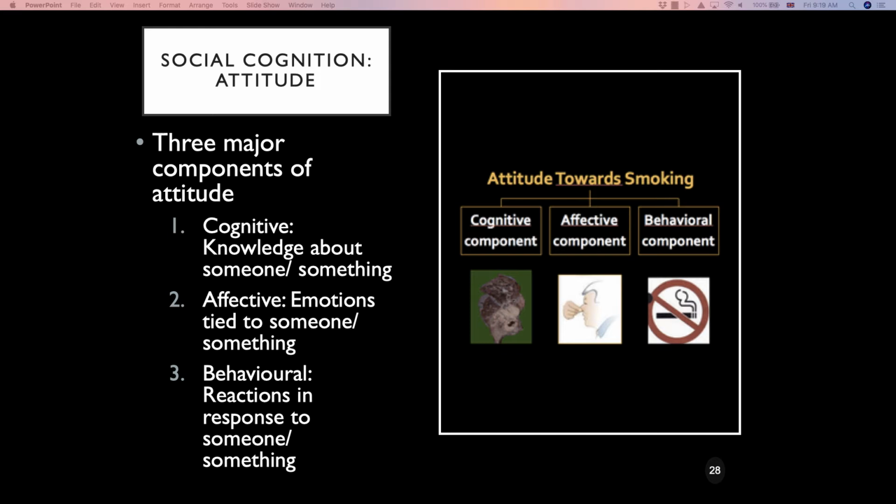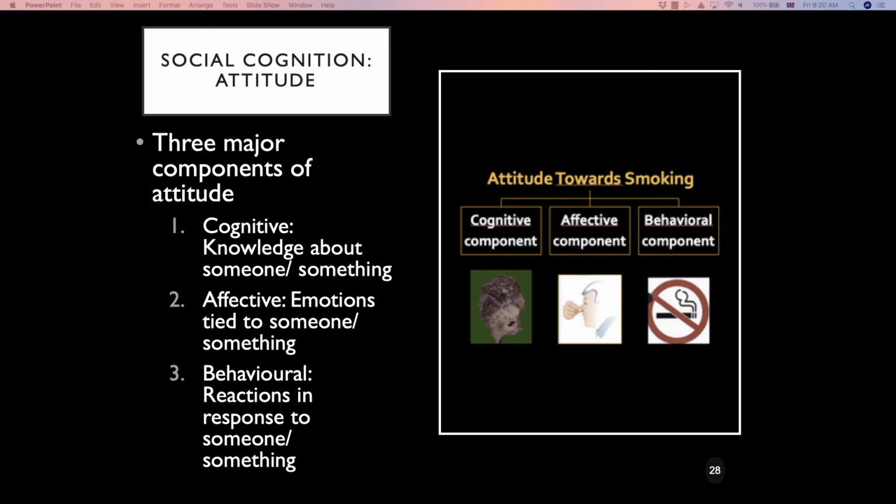And these 3 will link to our behaviour. So what's your attitude towards smoking? You might form the attitude through your knowledge. Smoking is bad for you. Smoking can ruin your lungs. It's not socially acceptable. So your knowledge of smoking will contribute towards your attitude.